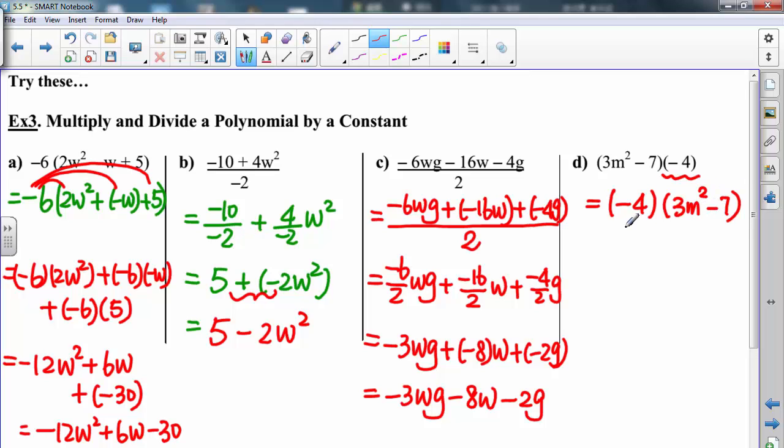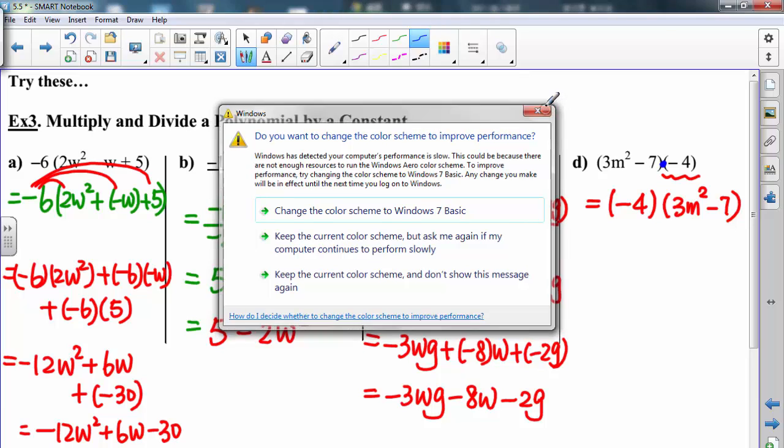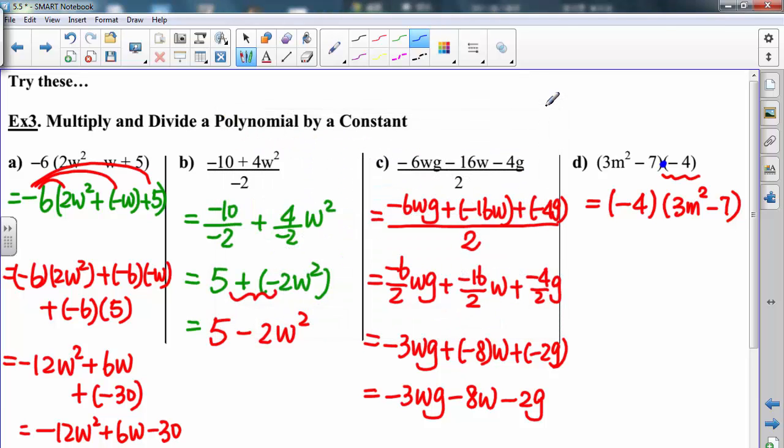Once you put the constant in front, you can still use the distributive property. The reason why I can switch negative 4 and 3m squared minus 7 around is merely because this is multiplication. We all know 2 times 3 is the same as 3 times 2. So for this reason I can move negative 4 to the front.